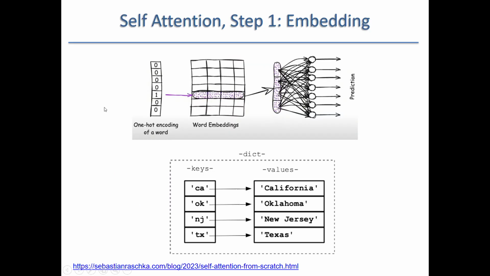There will be two key components in this attention. One is that the words are embedded into vectors. The input is encoded as a one hot encoding, so every word has a code.